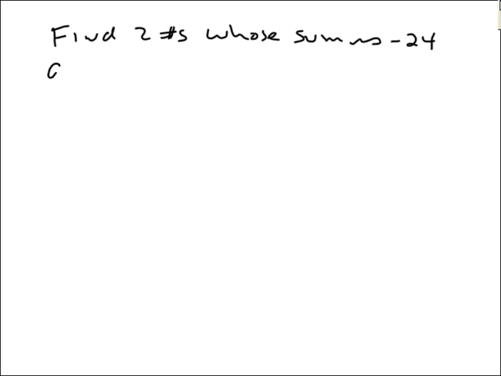Okay, how about this one? Find two numbers whose sum is negative 24 and whose product is a max. Find two numbers whose sum is negative 24 and whose product is a maximum.